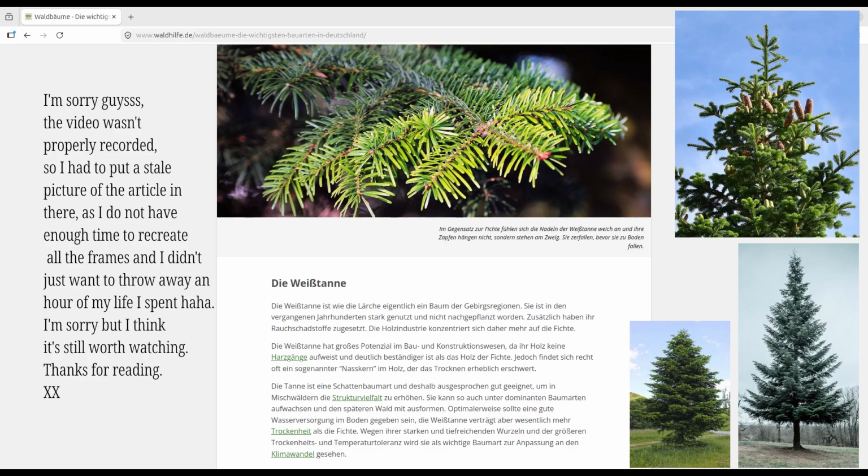Und deshalb, therefore, this, or it's half, but I'm not going to get into this, just means therefore. Ausgesprochen, this can be a bit confusing because ausgesprochen in general means pronounced, but I think in English there's also a word called pronouncingly, I don't know if I'm spelling it correctly.